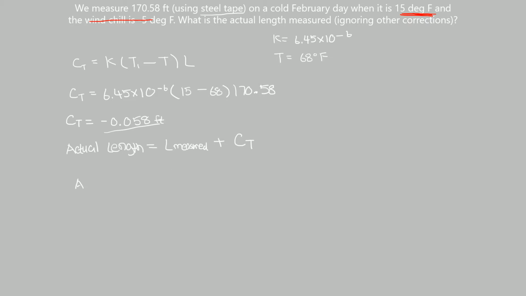So our actual length is equal to 170.58 plus our negative 0.058. So this gives us 170.52. I guess I could have done that in my head, but that is the actual length of our tape in these weather conditions.